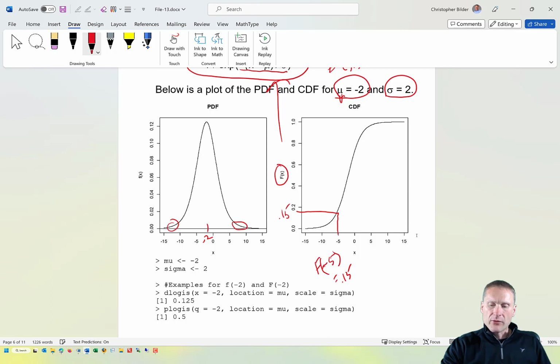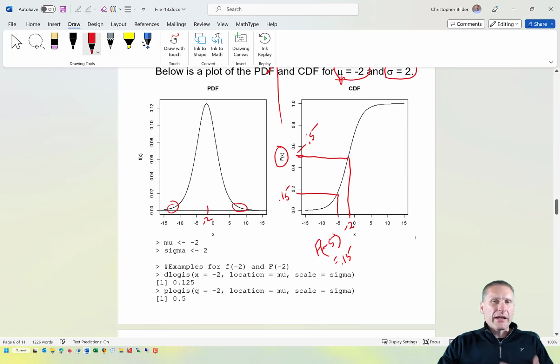If I were to go up to -2 here, I could project up and over, and this ends up being right here, 0.5. But we see this kind of S shape to it that we've seen before.